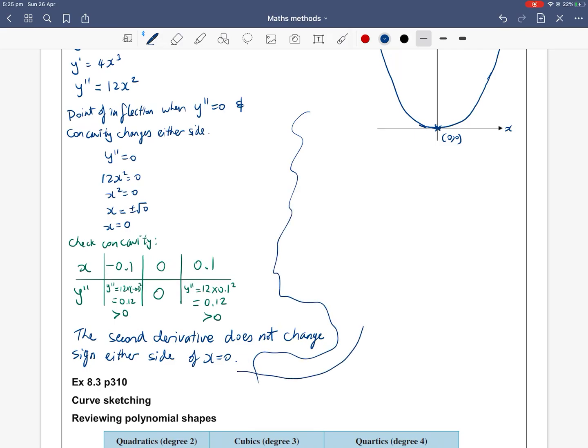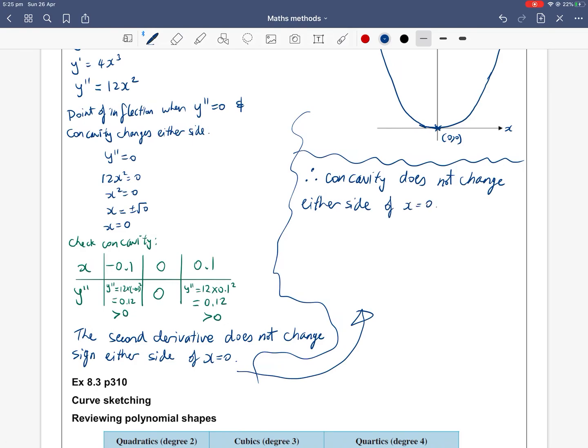Well, what does that mean? So I'm just going to go up here, it's out of space. Therefore, concavity does not change on either side of x equals 0.